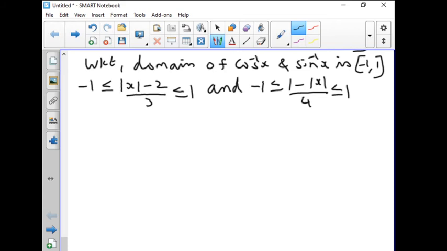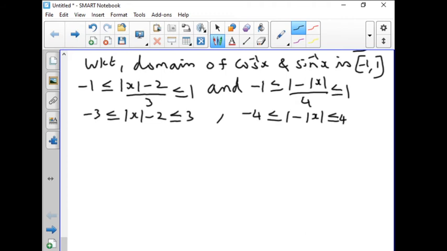Now we have to remove the 3 in the denominator. So, multiply throughout by 3. So, minus 3 less than or equal to mod x minus 2 less than or equal to 3. And here we have to multiply by 4. So, minus 4 less than or equal to 1 minus modulus of x less than or equal to 4. Now, here we are having minus 2. So, to remove minus 2, we add plus 2 throughout.